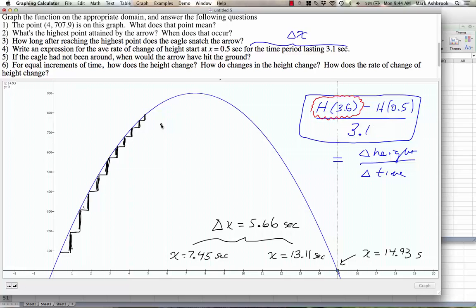She says decrease. Are these changes positive or negative? And what question do we ask now? Are they getting more positive or less positive? They're getting less positive. These changes are getting less positive. Numbers that get less positive, are they increasing or decreasing?